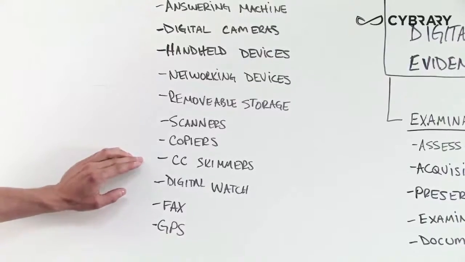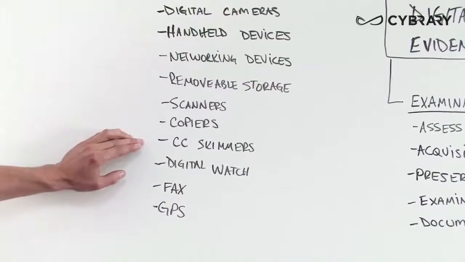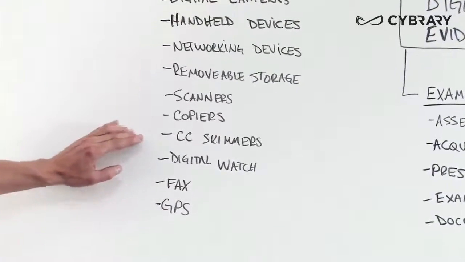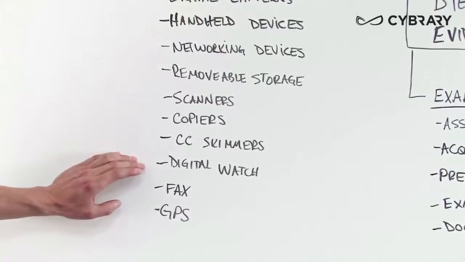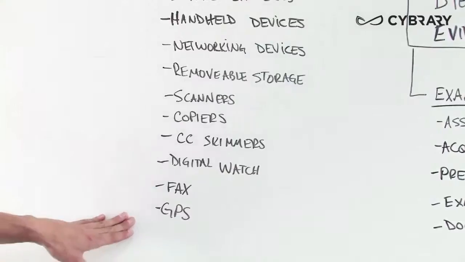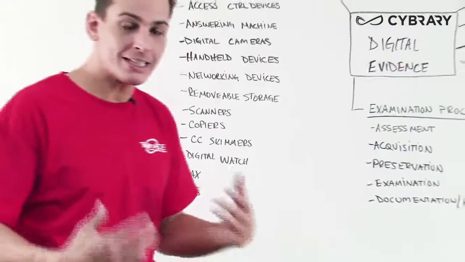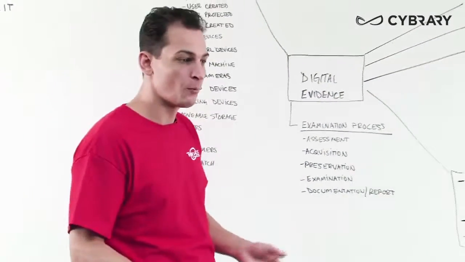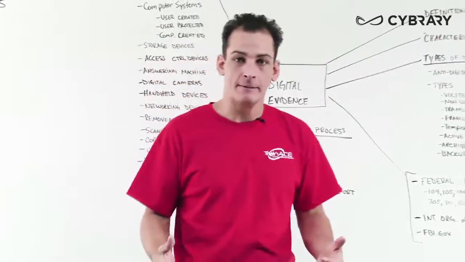Credit card skimmers, they've become very, very popular in the world of fraud in the last couple of years. Maybe something as simple as a digital watch or a fax machine or a GPS, right? So there really is no limit to where evidence can reside.